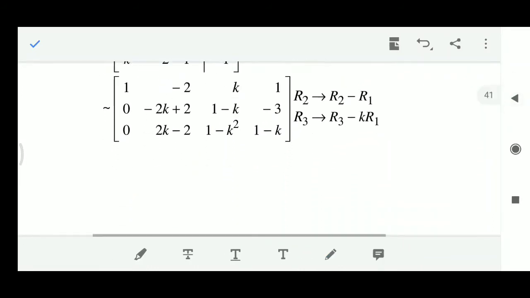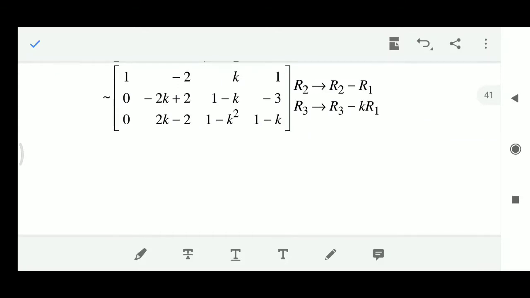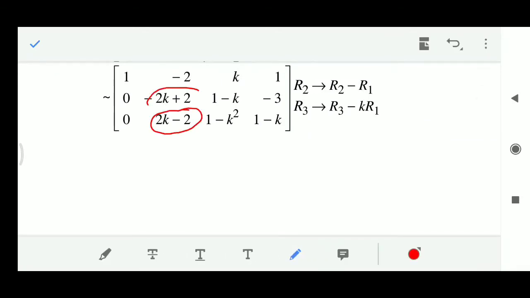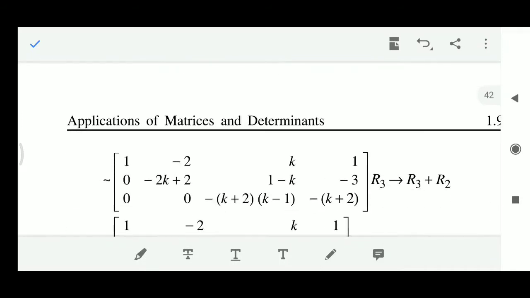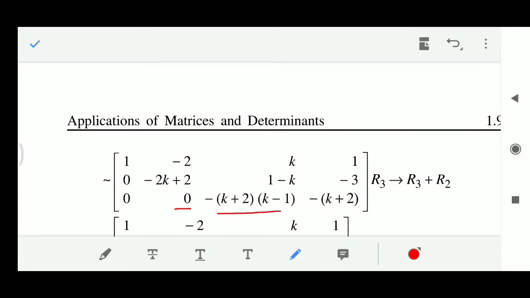Now we have to make the third row second element 0. For that, if you look at the second row and just add those two rows, you will get the answer as 0. So the transformation is R3 implies R3 plus R2.